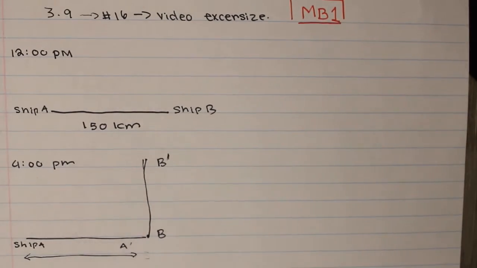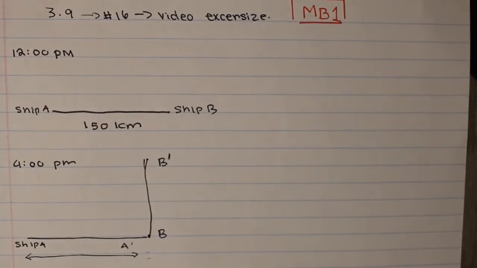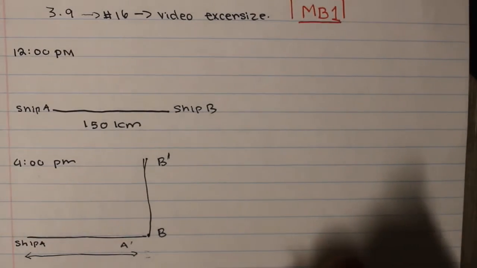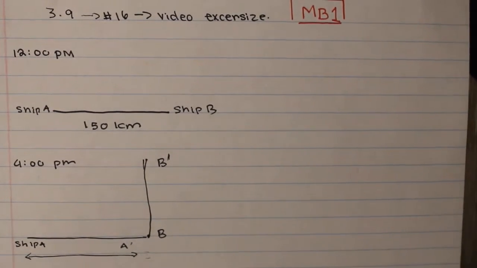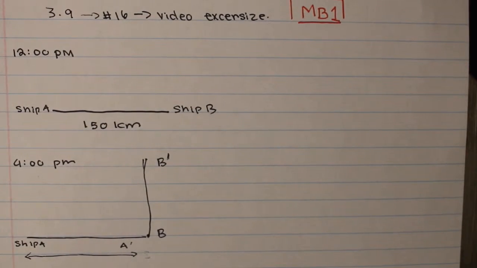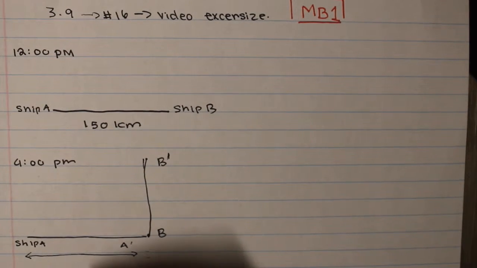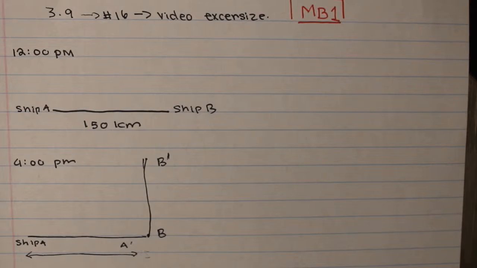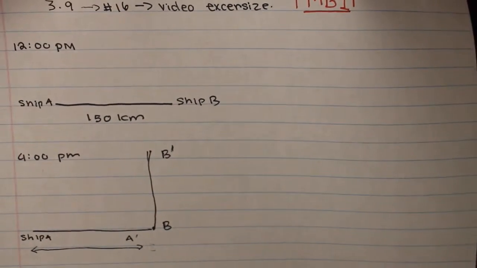And you can find out how to calculate the distance by the rate and the amount of hours. The amount of hours between 12 p.m. to 4 p.m. is 4 hours. So the time is 4 hours. And you know that ship A has a speed of 35 kilometers per hour.